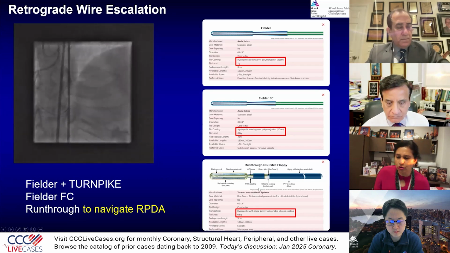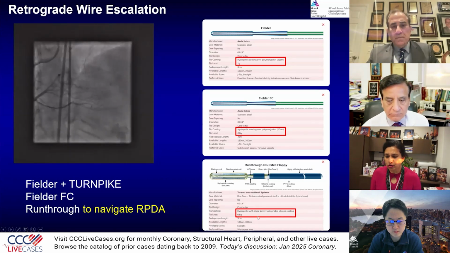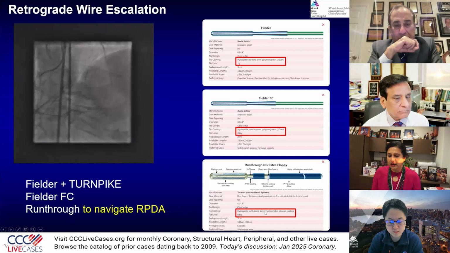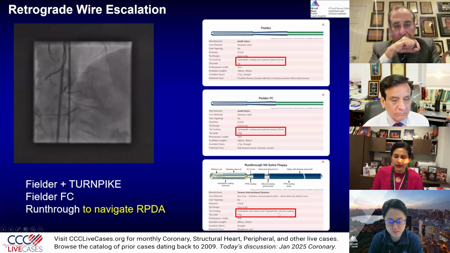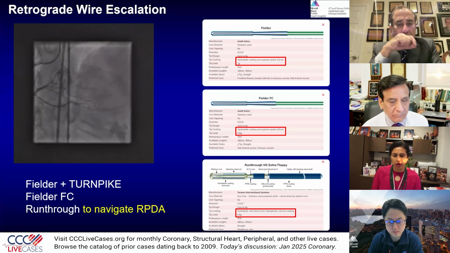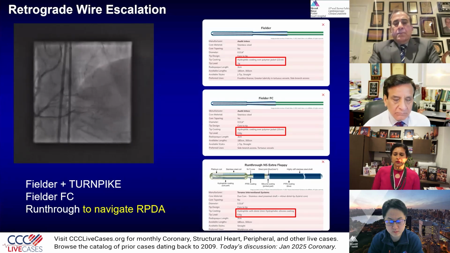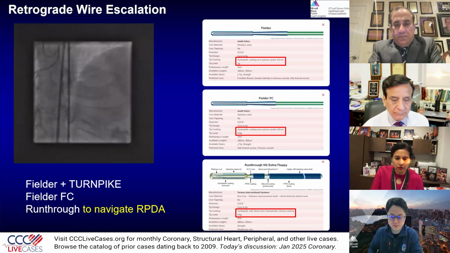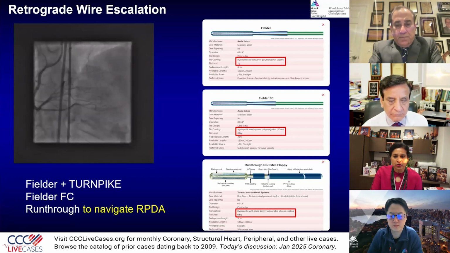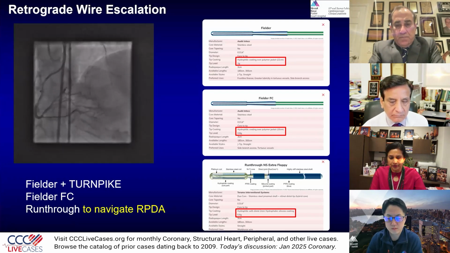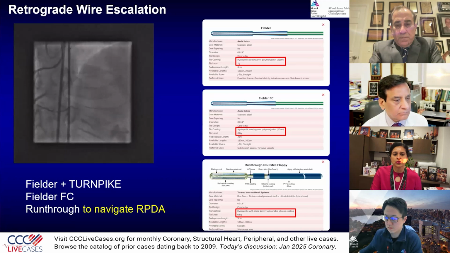And then Runthrough is our regular workhorse wire. You see that hydrophilic with hydrophobic silicone coating. That is the tip. And why do you need hydrophobic? Many times your torque at the tip is better when you have a little bit of a hydrophobic area at the tip. So now this is the rundown of why these wires were used.